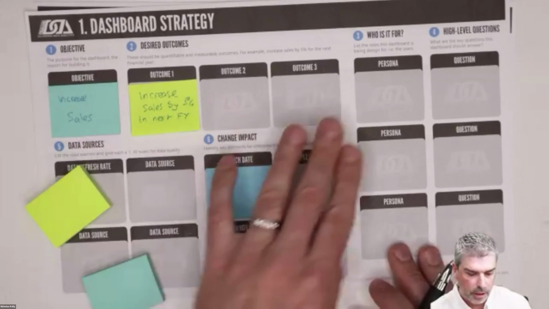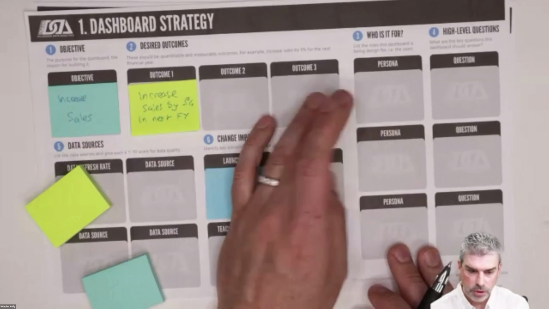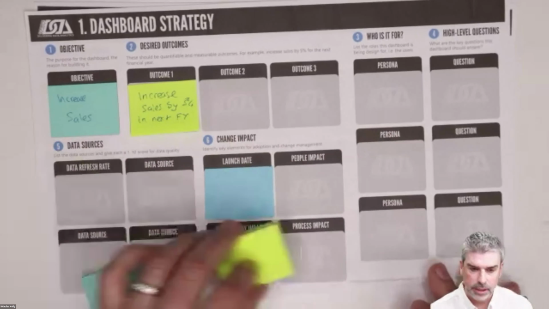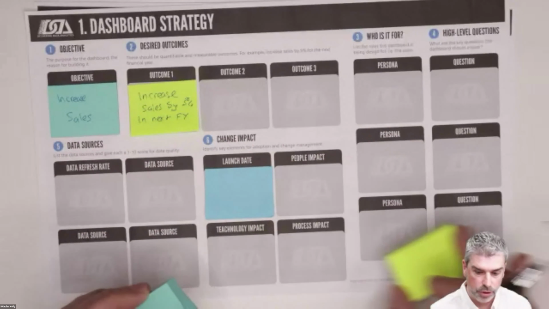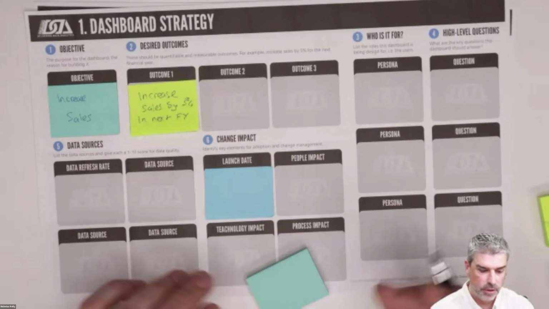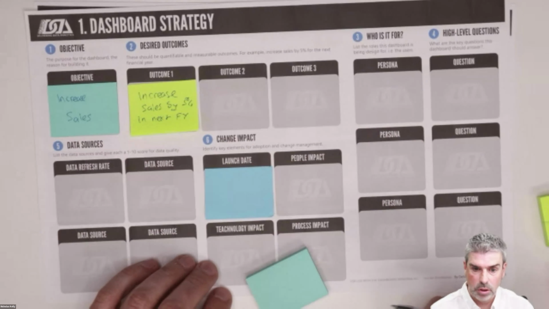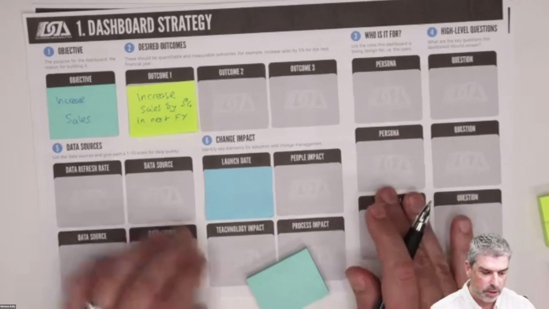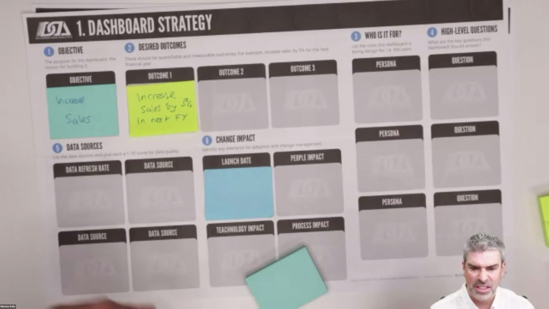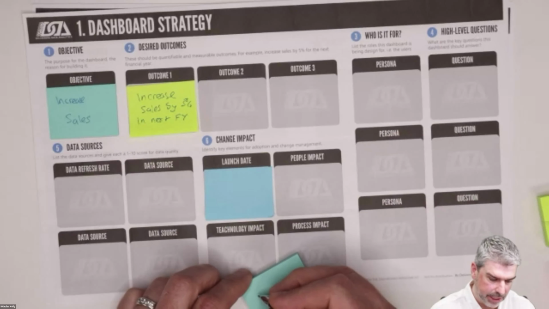Next one, persona. Who's it for? This is why it's important to have the stakeholders with you, right? If you're doing this, it's important to have the people who know who's going to be using this. Now, these are the end user personas. So since we're talking about sales, let's just say sales managers.